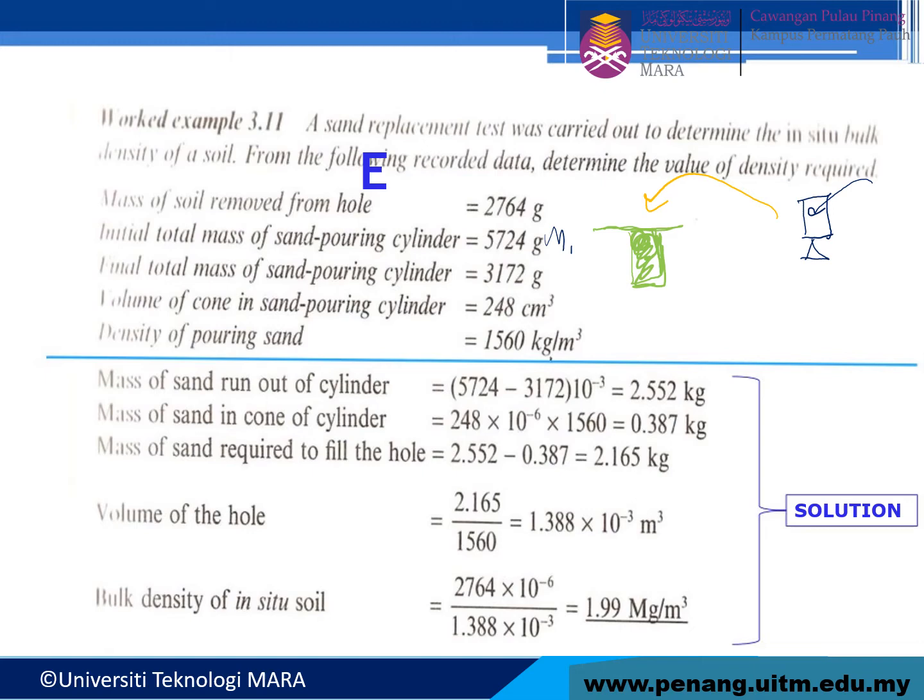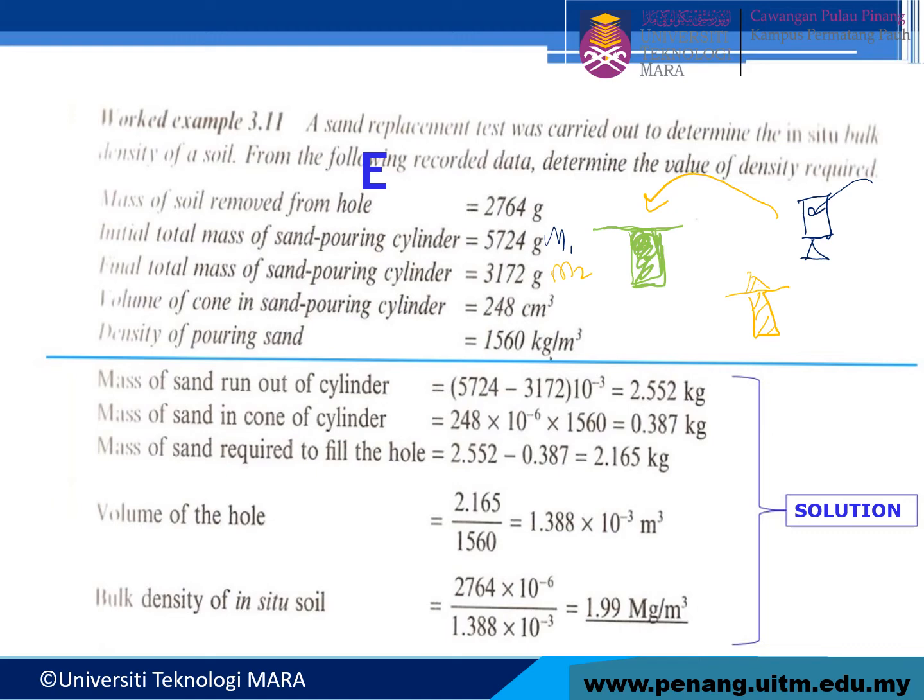Then you get the final total mass of the sand pouring cylinder, which is M2. So the sand fills the hole, and also fills the cone of the cylinder.